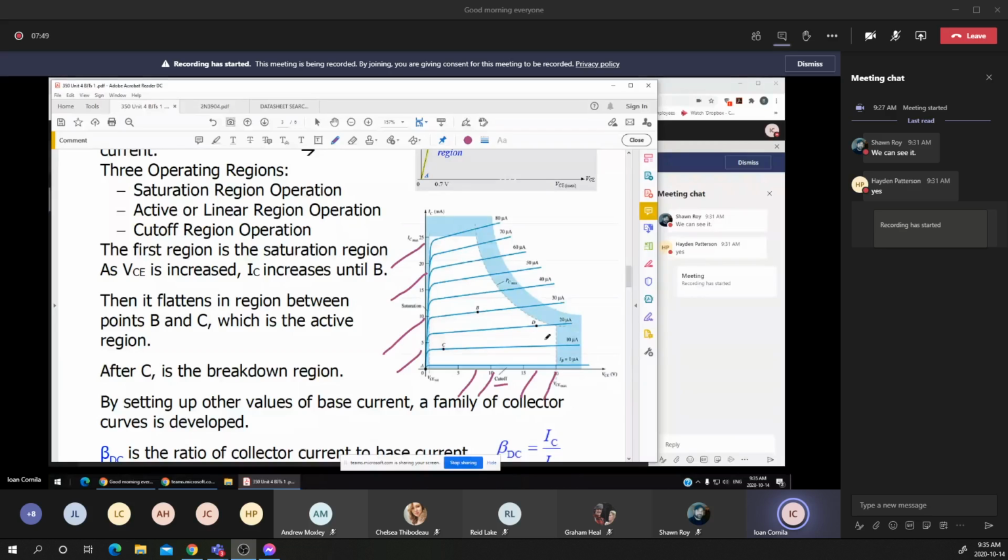You notice that this active region, in the white color, has the 5 limits. Again, we'll come back and describe the 5 limits of the active region or linear region.